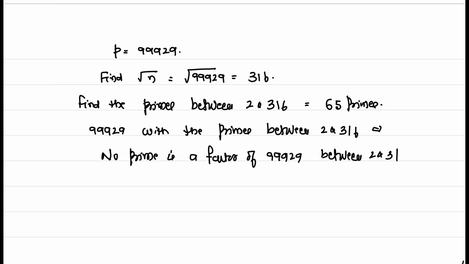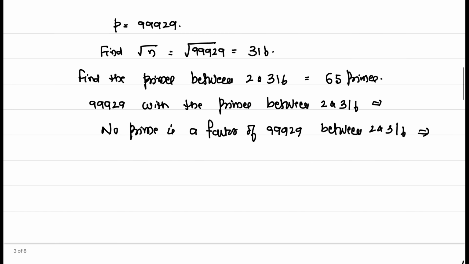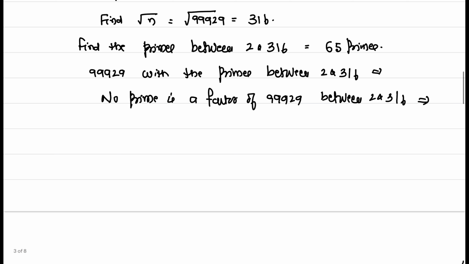I am going fast because I have already explained the processes of finding whether a given number is prime or not. There are various methods available. Please refer to my earlier lectures to understand how to find out whether a given number is a prime or not. Now, this is construed as that 99929 is a prime.